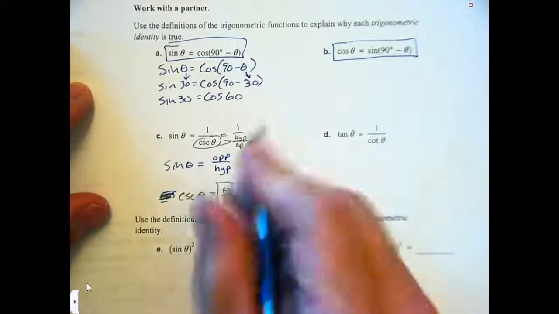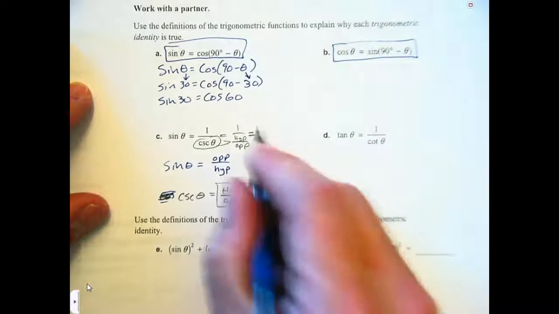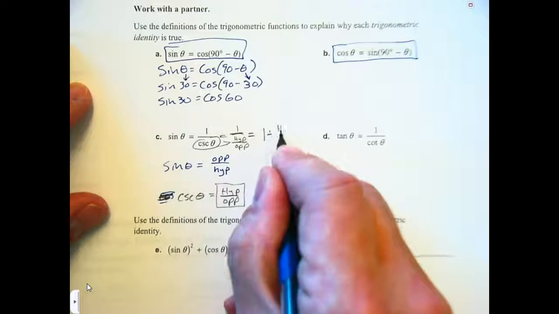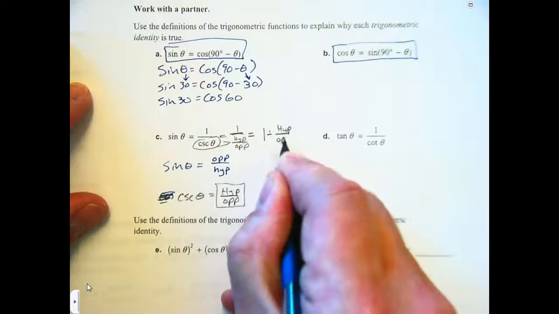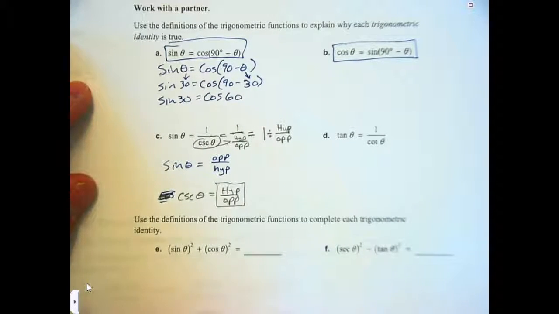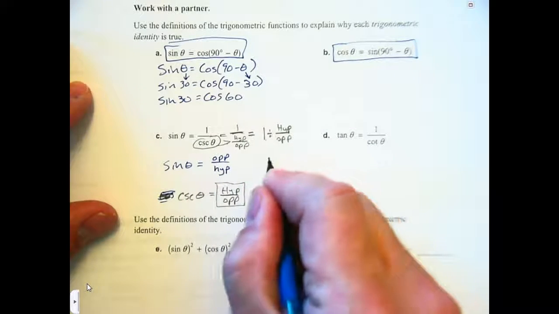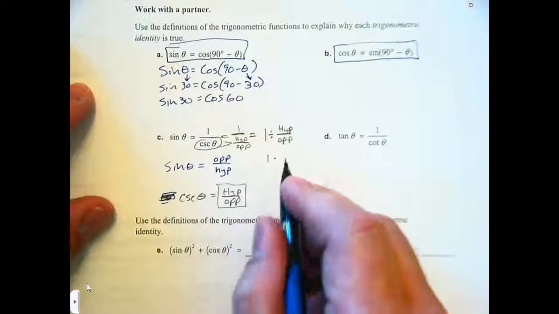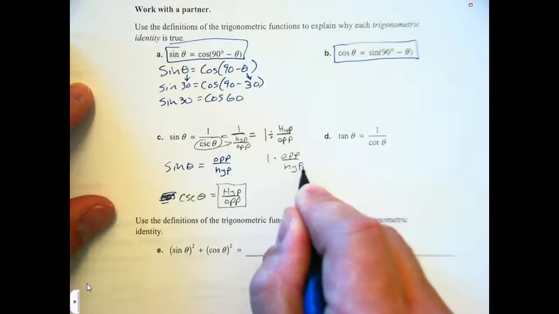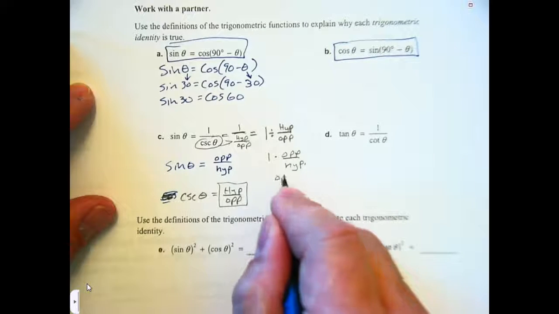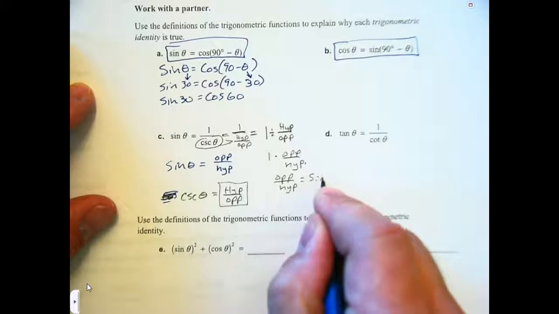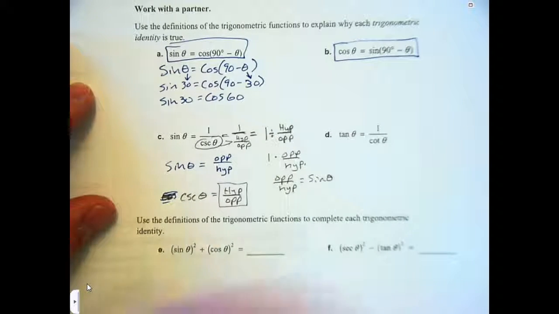So to prove that this is a true statement, this means 1 divided by hypotenuse over opposite. Everyone agree that's what it means? Which is the same thing as 1 times opposite over hypotenuse, which is opposite over hypotenuse, which is the same thing as sine theta.